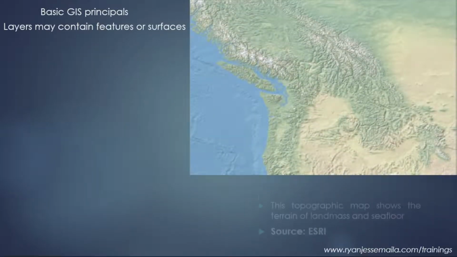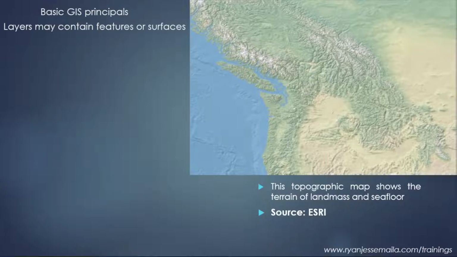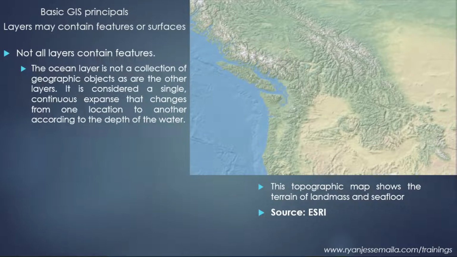So layers may contain features or surfaces. Here is a map. It's a topographic map which shows the terrain of landmass and seafloor. Like we said, not all layers contain features. Like in this case, the ocean layer is not a collection of geographical objects as are the other layers.